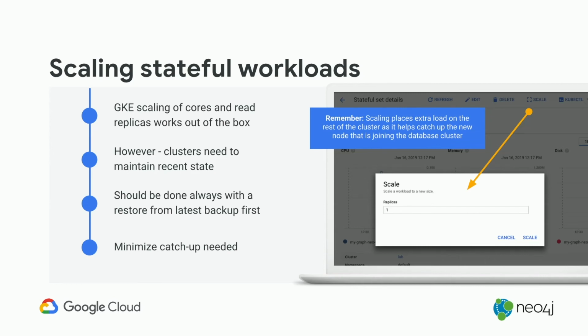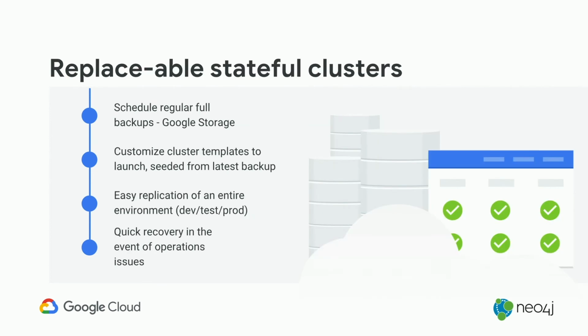That in turn minimizes the amount of catch-up that the new node needs to do with the rest of its buddies in the cluster in order to come up to speed. The thing to keep in mind about scaling these database nodes is that scaling places extra load on the rest of the cluster as that new node that just popped into existence catches up with the other nodes in the database cluster. This is why you want to do that from the latest backup when you start it.